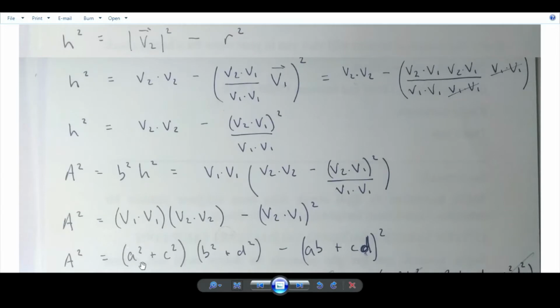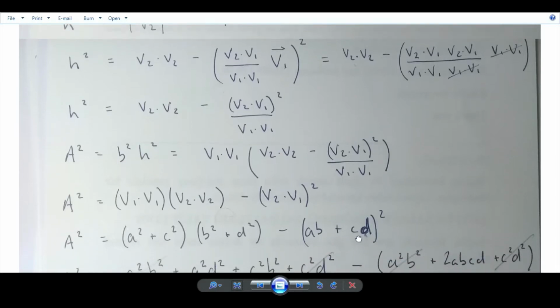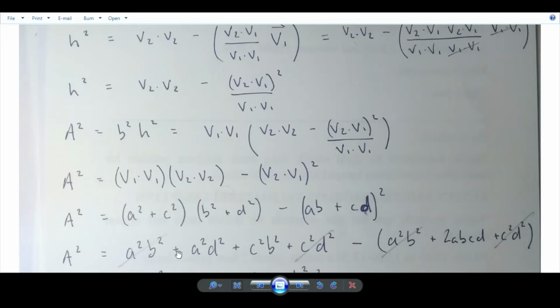Now the next bit I can do is FOIL on these brackets, expanding them, and then do the same for this one, multiplying this bracket by itself. When I do that, this part becomes this long bit, and this bit becomes this bit here. You'll notice this bracket is going to multiply through, so I can cancel this term and that term, that term and that term.